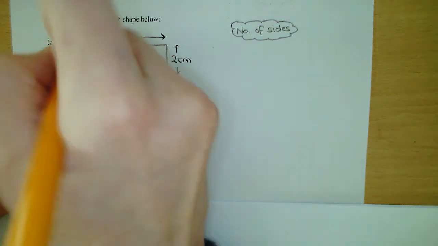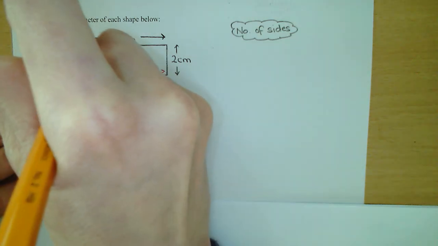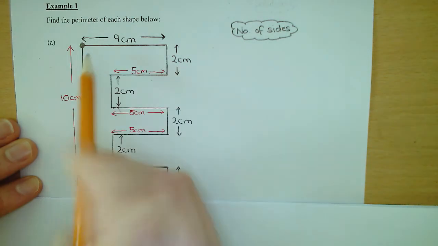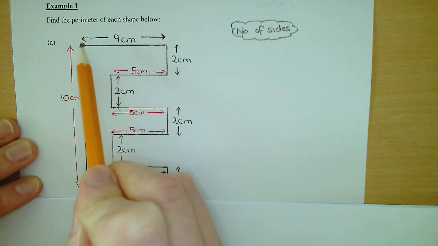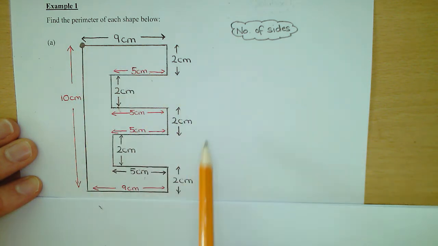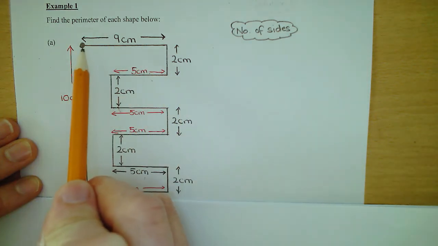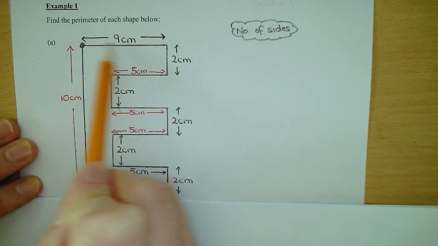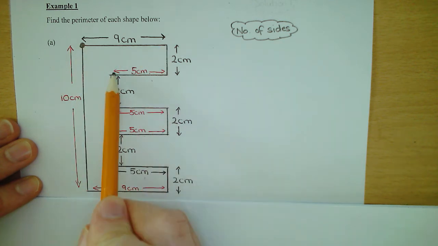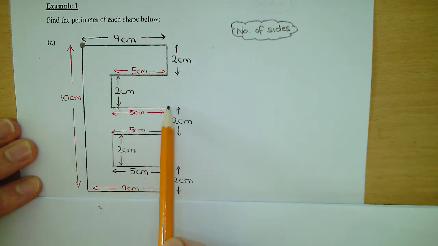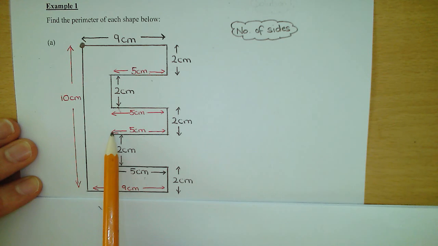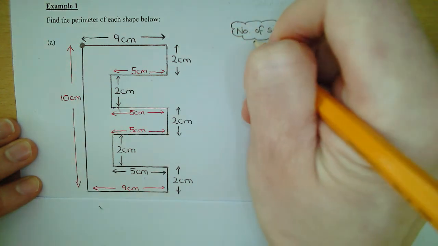So I'm going to pick a corner up here in the top left. And what I'm going to do is I'm going to move around the shape from this corner. I'm going to move in a clockwise direction around the shape until I get back to the starting point. So I'm going to count how many sides there are. So we've got 1, 2, 3, 4, 5, 6, 7, 8, 9, 10, 11, 12. So we've got 12 sides.